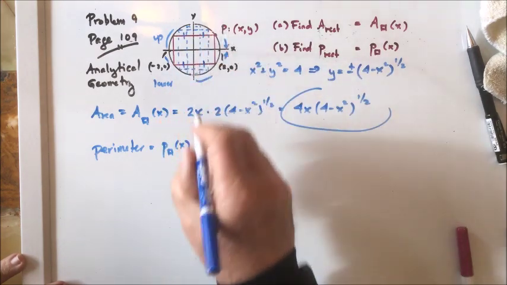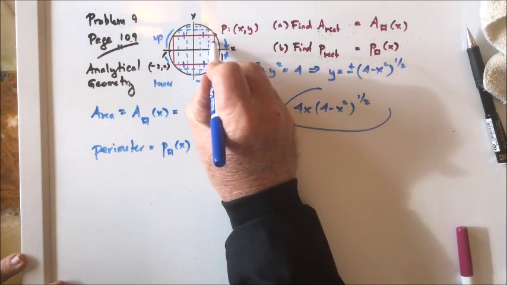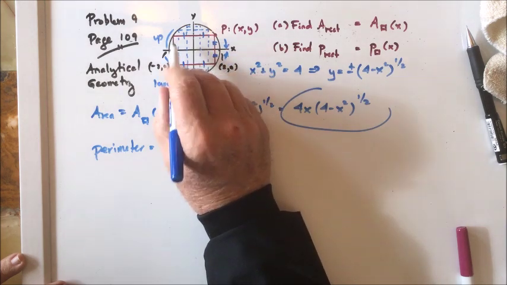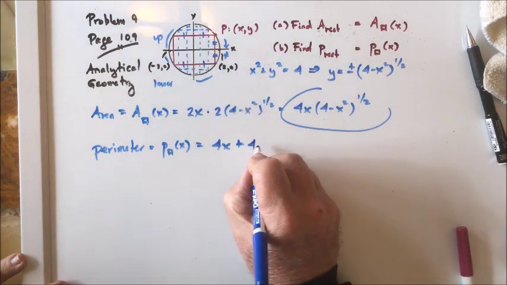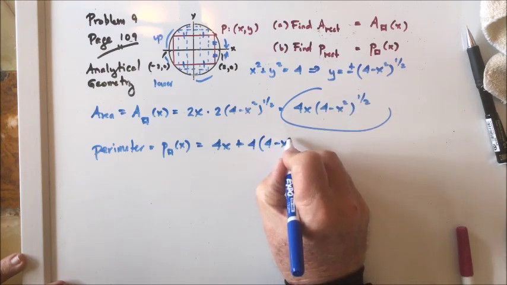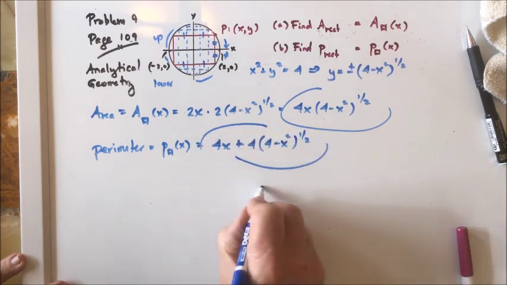This x plus this x is 2x, and the bottom side gives another 2x, so 4x, plus now I've got to account for these sides. This is y, another y, another y, another y, plus 4y. But we're going to write y as (4 minus x squared) to the 1/2. And that's the function for the perimeter.